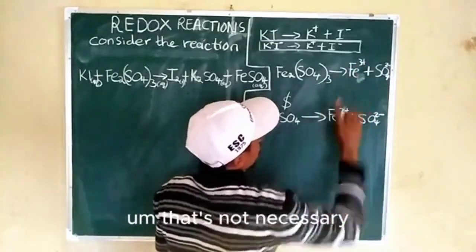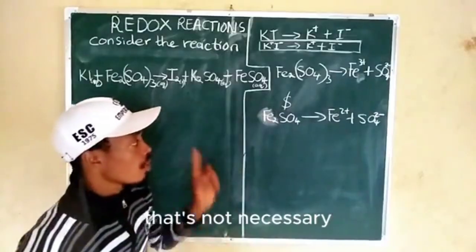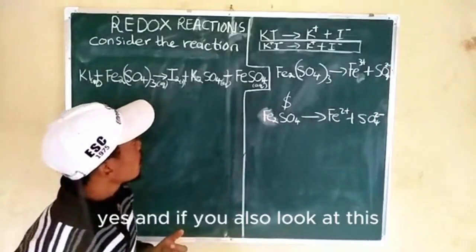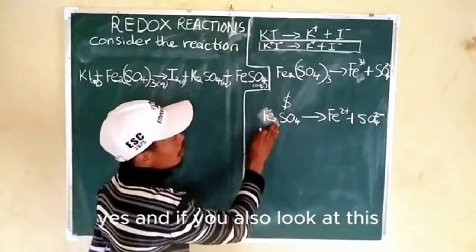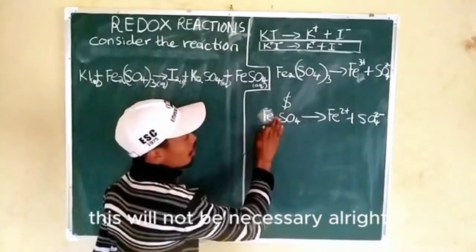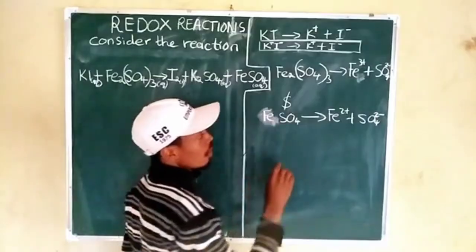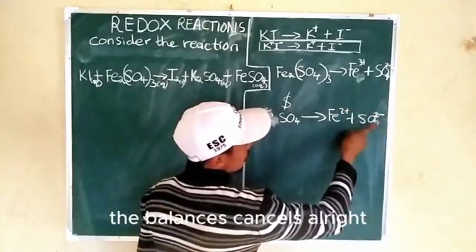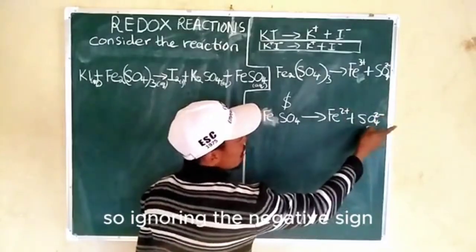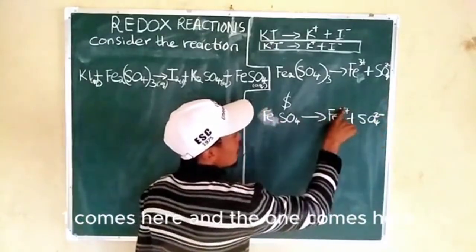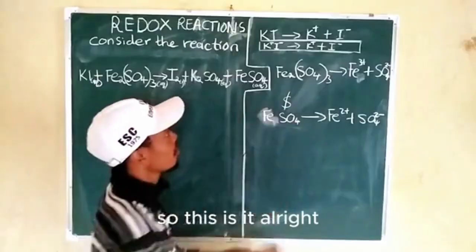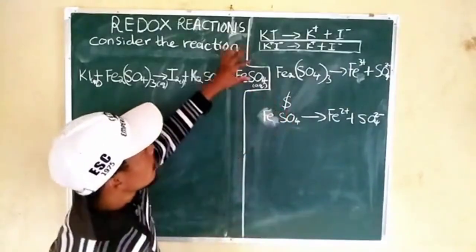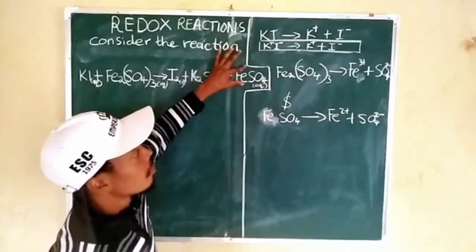So that's not necessary. And if you also look at this, this will not be necessary, because according to the rule, the charges will cancel, the valencies cancel. So ignoring the negative sign, 1 comes here and 1 comes here. So this is it. Let's correct that. So the substance I'm representing here is the substance you're seeing here.